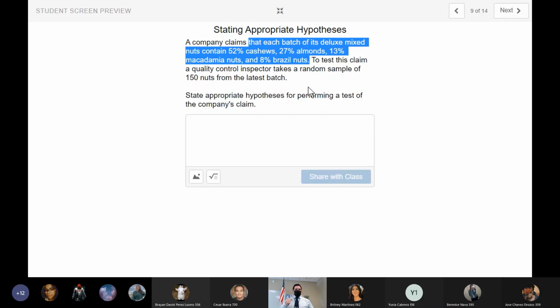We take that same exact word for word thing and then just say is not correct for the alternative. Right? That's actually a very good strategy: if you have the context written out nicely for you, copy it for your hypothesis, and then just say their claim is correct or is not correct based on whether it's the null or alternative.